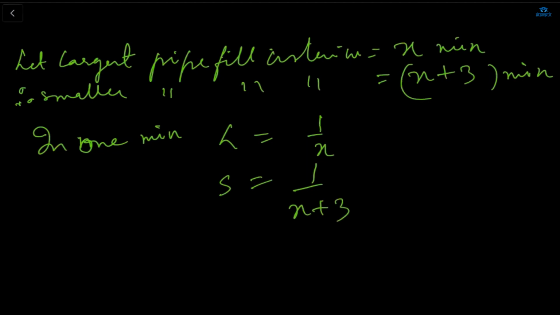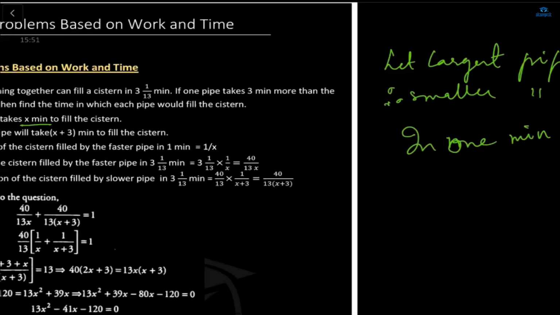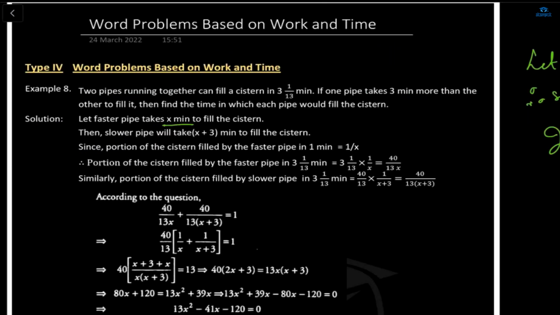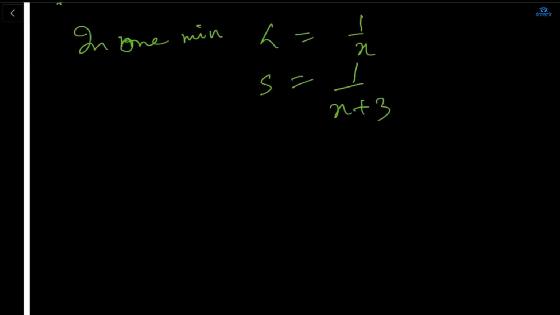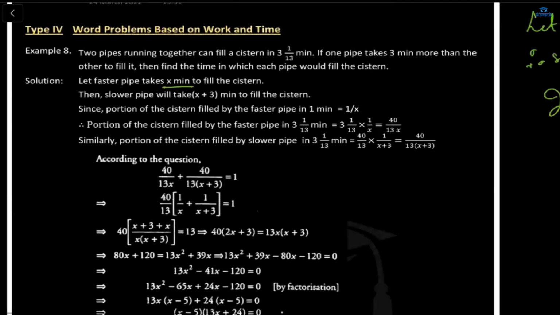Now you see the equation. What equation is forming? The two pipes running together fill the cistern in 3 1/13 minutes. So when both pipes work together, the time taken is 3 1/13. Now, in this much time, what portion of the system will be filled by the faster pipe?